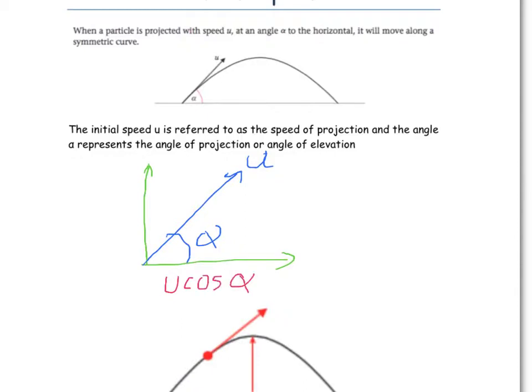Because if we were to label this triangle that we've got formed here, this side here would be the opposite and this would be the adjacent. Likewise, we can find the component of the speed that is acting vertically upwards, which is going to be u sine alpha. So we can use this notation, the u and the alpha, to find the component of the speed that is acting vertically and horizontally.